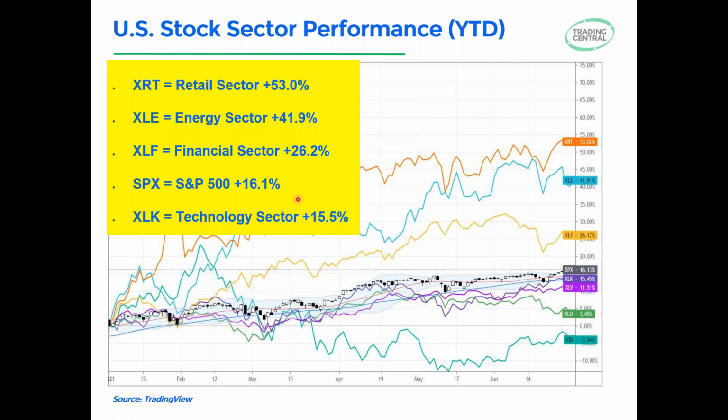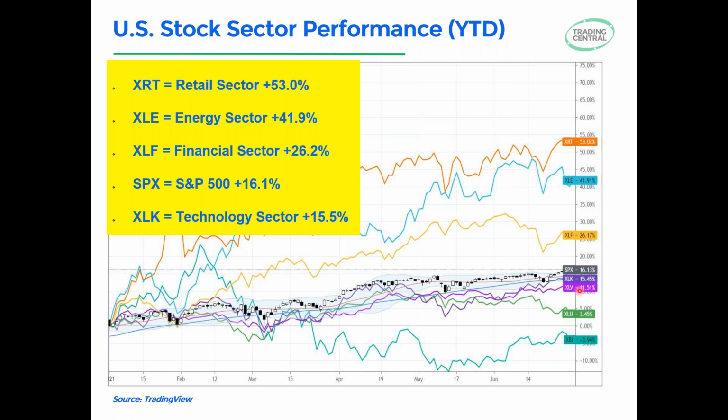XLK is technology. Close. That's one point I want to bring to you. It means the technology stock sector is coming up. Will it overtake the S&P again? In other words, will it outperform the market again? I think so. We just have to monitor it closely.